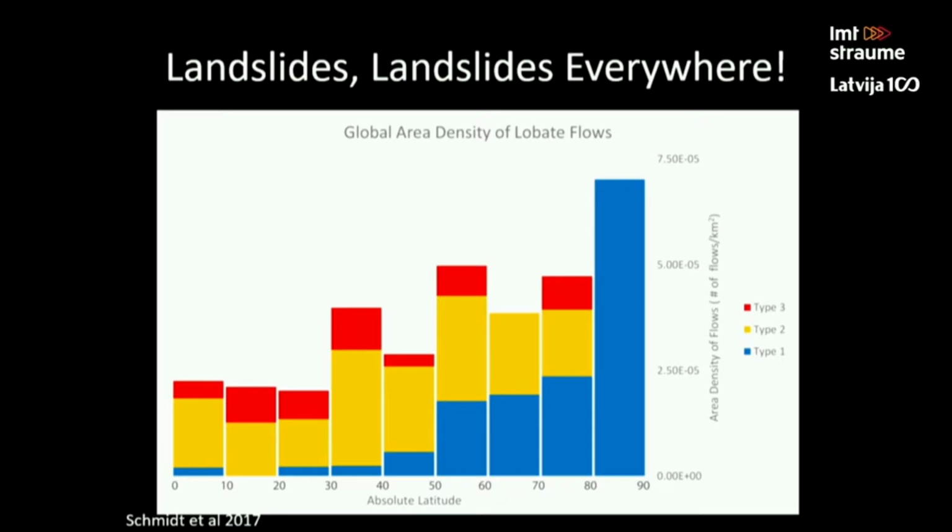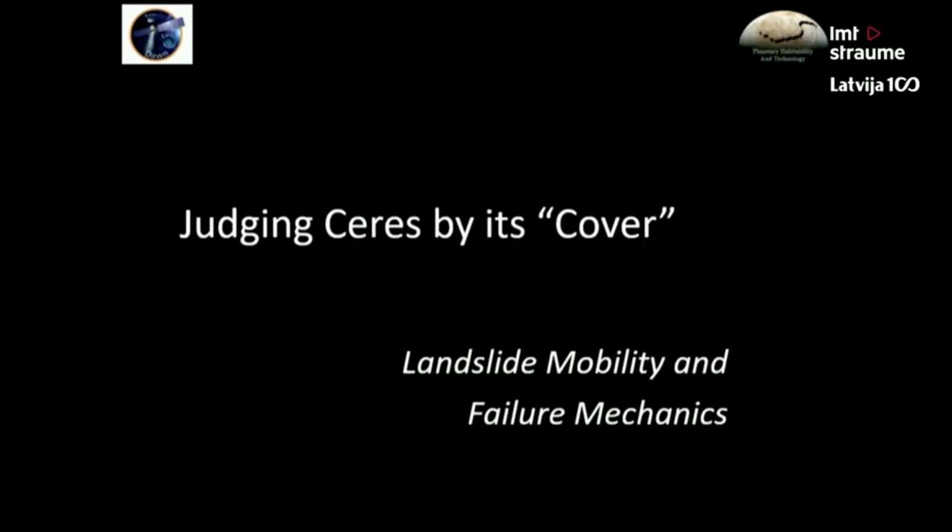We see a real trend of a high presence of these type 1 flows up near the polar latitudes. So at high latitudes, we find these kind of thicker, voluminous flows. We find the thin sheeted flows kind of everywhere. And then in special cases, we find fluidized flows.